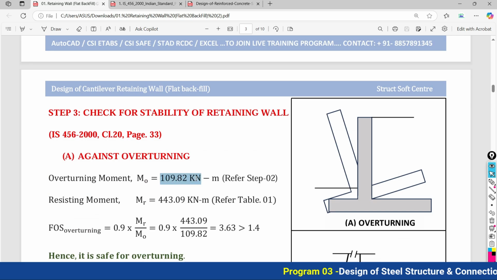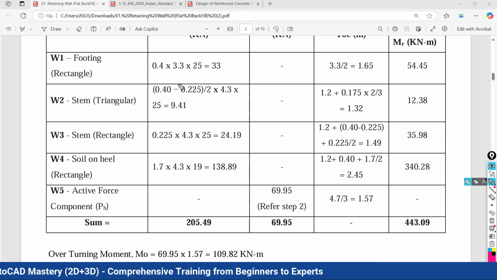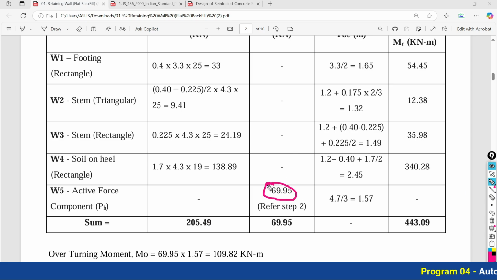Here it is written, and we have taken this value from step 2. Thereafter the restoring moment. As I told you, it means the weight of the elements of your retaining wall, base and its cantilever portion, adding the load in the gravitational direction. It resists the moment that is going to be developed by this lateral load.